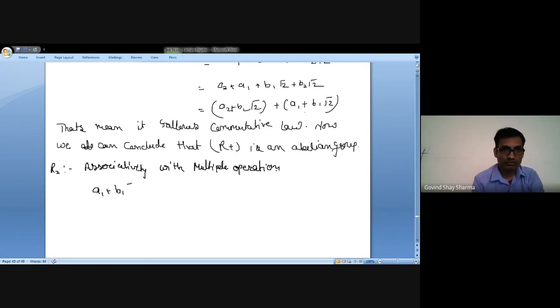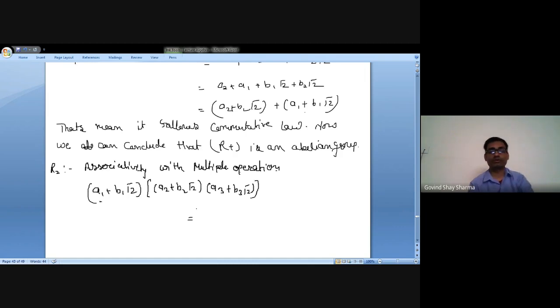So A1 plus B1 root 2, A2 plus B2 root 2, A3 is equal to, we can easily do it by cross multiplication.